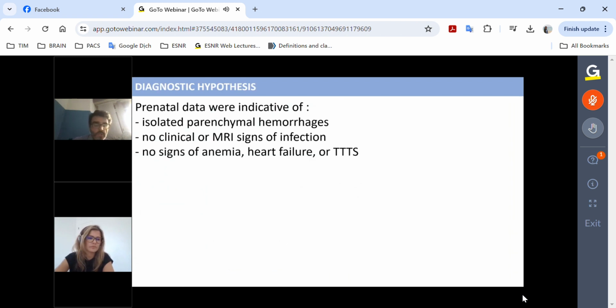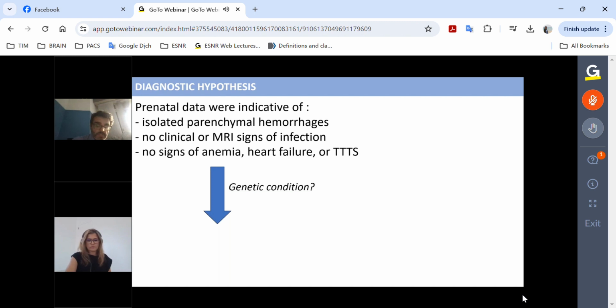What to think in this situation? So we have a condition with isolated parenchymal hemorrhages. But we don't have any signs of infection or any signs of anemia, as we have seen before, heart failure, or twin-to-twin transfusion syndrome. So it looks like something different, probably a genetic condition.